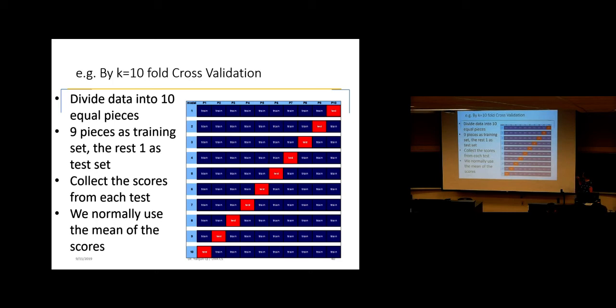By looping over, the first 9 are train and the last is test, then the first 8 plus the last are train and the 9th is test. So every sample has a chance to be used as training and also as testing. Each fold gives you a model, and also a test MSE in our case, and you report the mean.